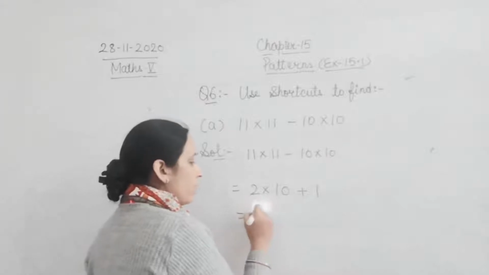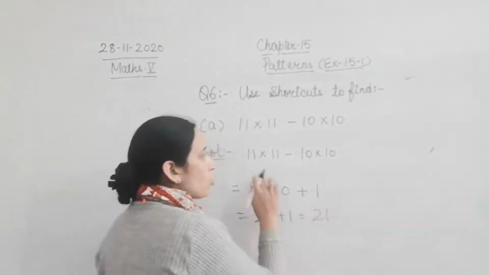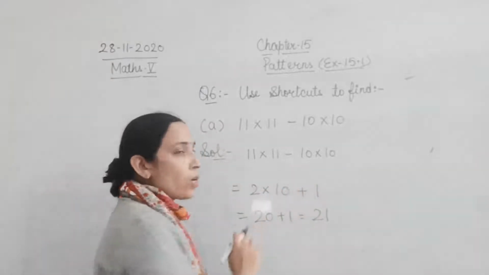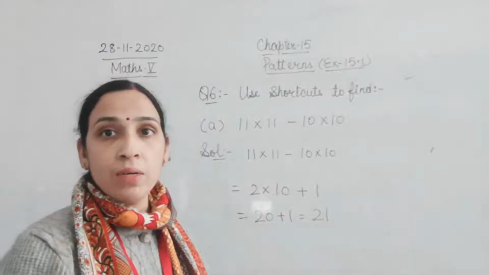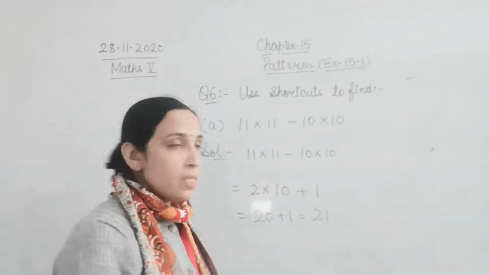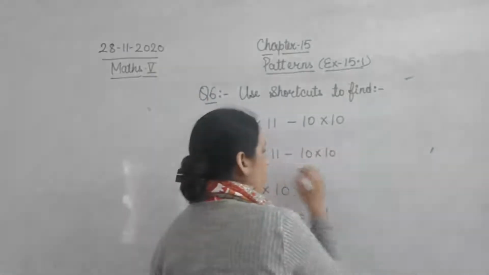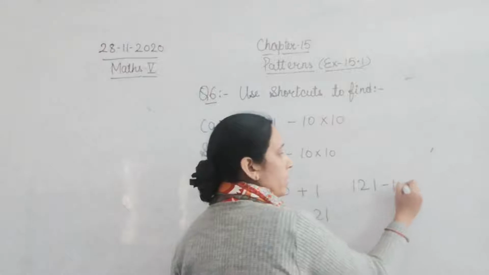So here we will get 20 plus 1, and the answer is 21. So what is the difference between the squares of these two numbers? That is 21. If you solve in the other way, you will also get 21 only. See, here the square of 11 is 121 minus 100.